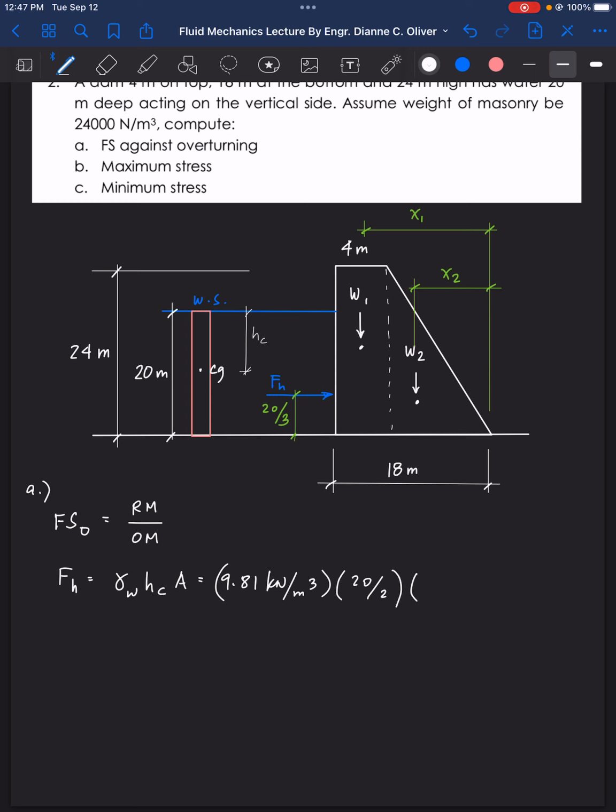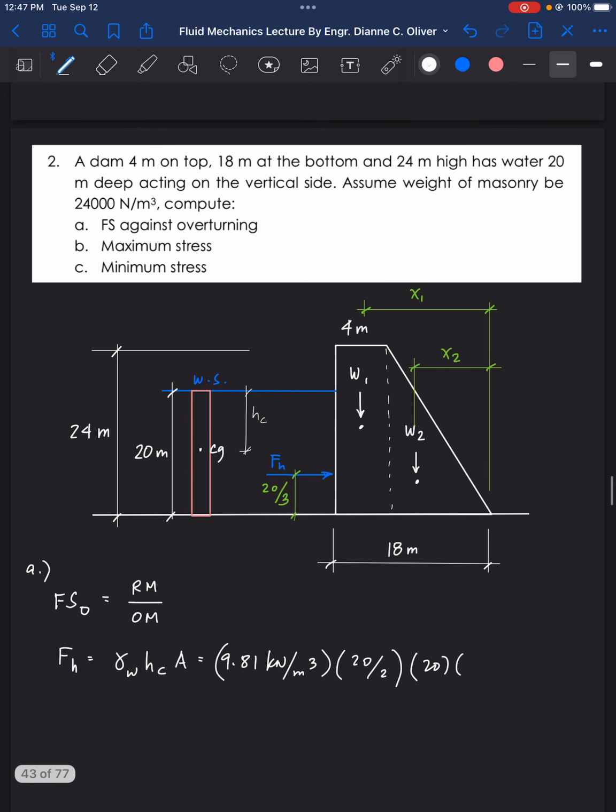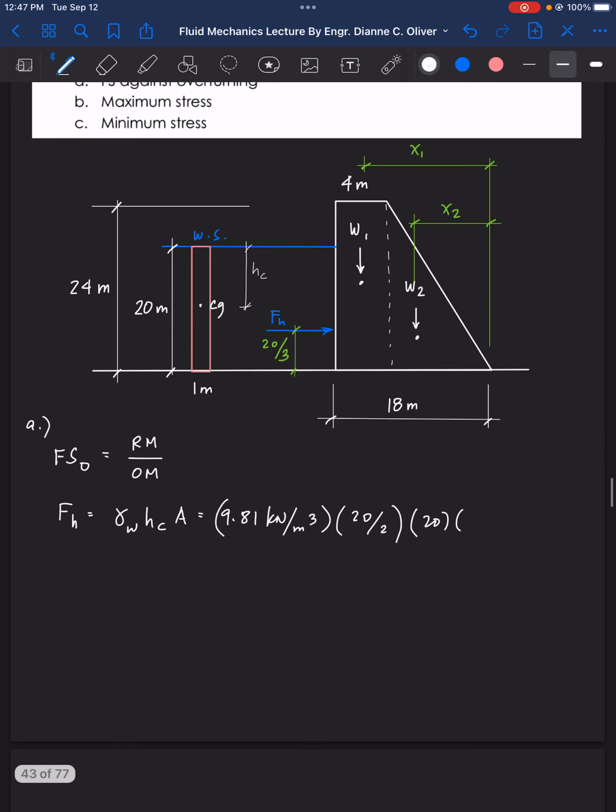Then area, 20 by 1. Since the width is not mentioned, we will use 1 meter width. So 9.81 times 20 divided by 2 times 20 is 1962 kilonewton. Okay, so that is FH.